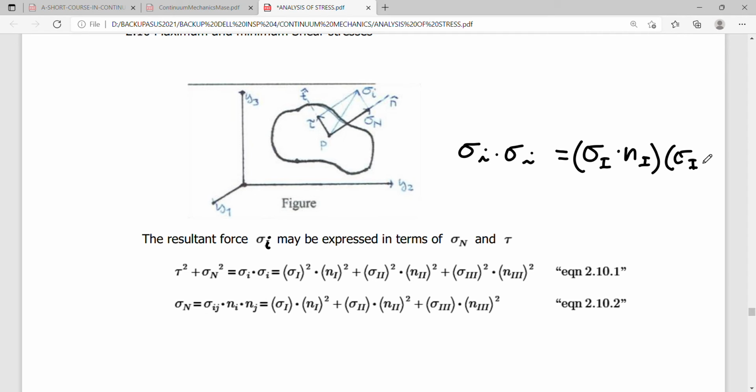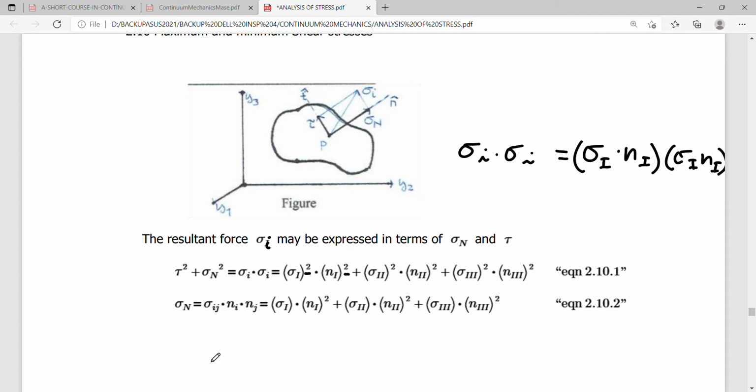Okay, so this is a simple expression of equivalence, such that if we simplify this, this will simply be a squared term and another squared term here, involving the principal directions 1 or simply I. Okay, so this is true with the other principal stress and principal direction, and also true with the third principal stress and principal directions.